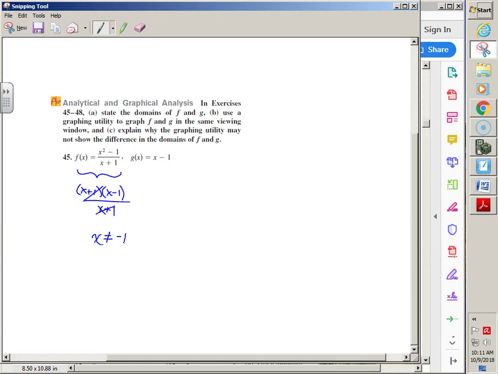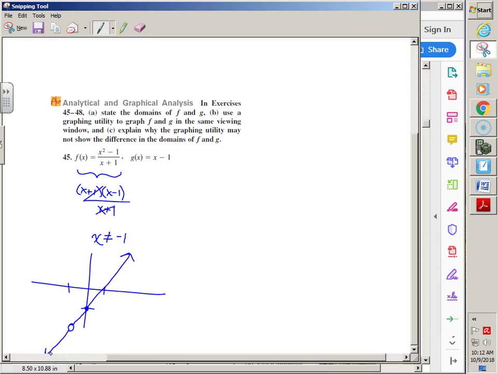Mr. Crawford, if you remember him, he used to have a way to make it show you the hole, but even then you had to be in a certain zoom. It was complicated. It's better for us just to say, we know x can't be -1. So if you were to graph the y equals mx plus b, the intercept is (0, -1). The slope is up 1 over 1. No big deal, but when you go down to -1, f says, no, no, no, keep going.